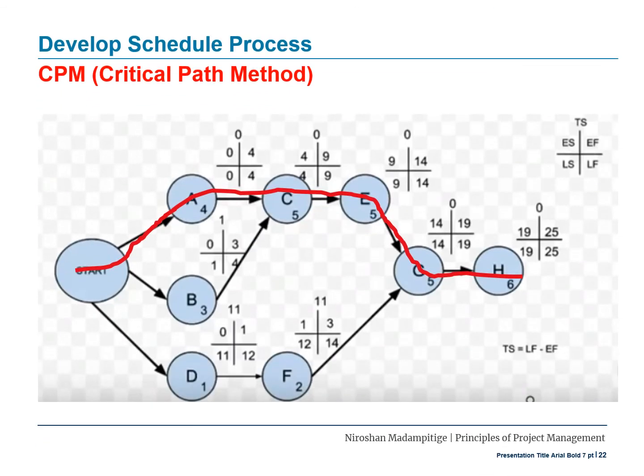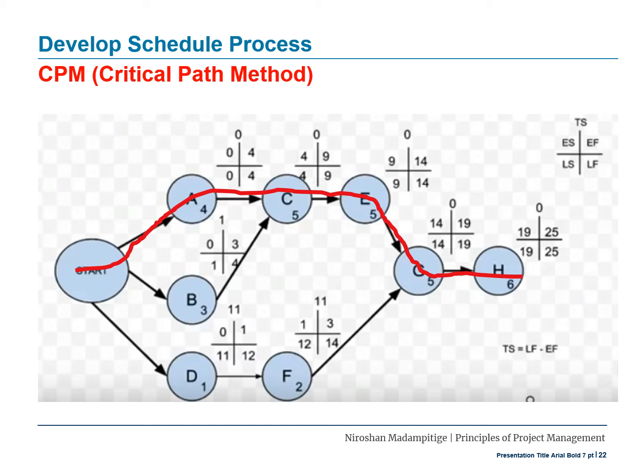Now, what is the critical path of this particular network diagram? How the critical path is developed is linking all the activities that have zero float, because we discussed that any critical activity has a zero float.